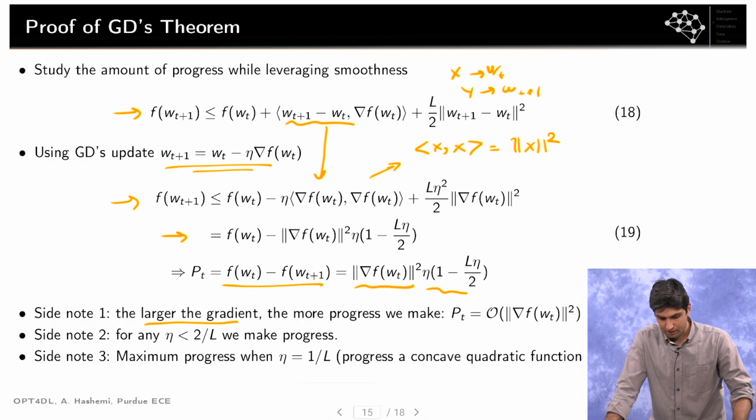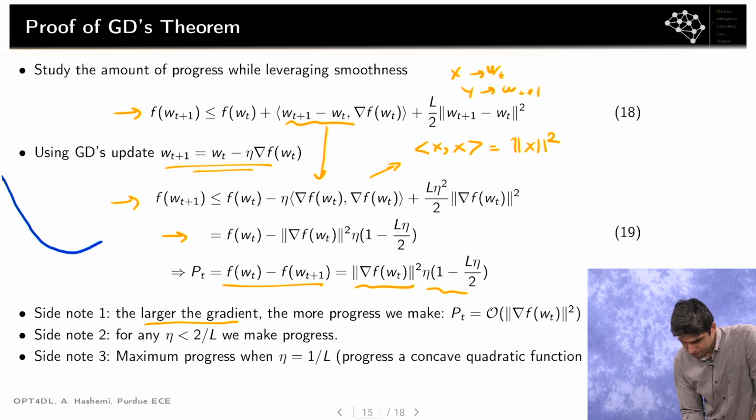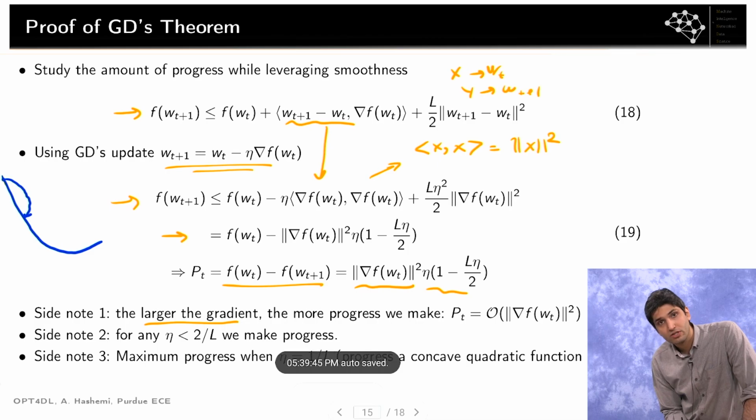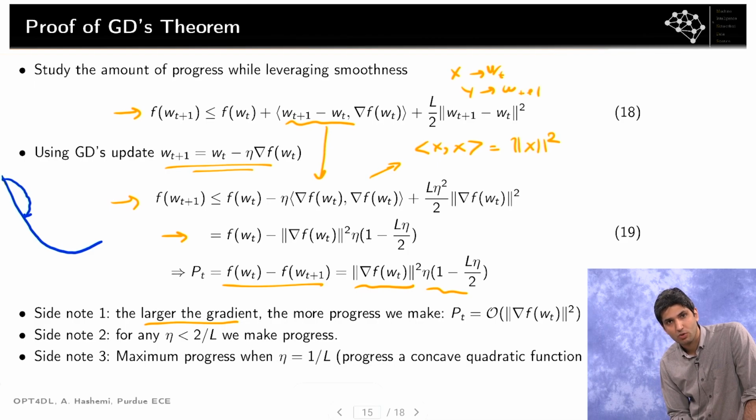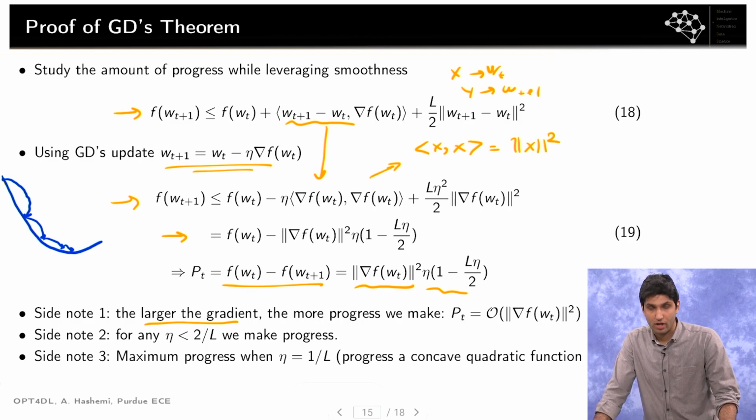So it means that if you are very far away from the solution, so let's say this is the function you are minimizing, when I'm here, I'm going to make more progress. But then when I am approaching the solution, maybe I'm going to be a little bit more refined in how I'm progressing. So the progress is going to automatically shrink as the norm of the gradient starts to go down. Okay.